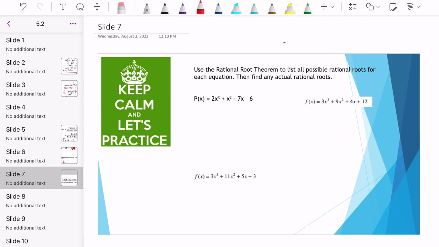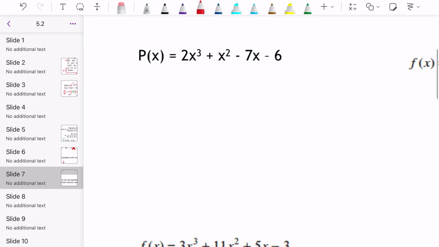So let's first begin with our first problem.